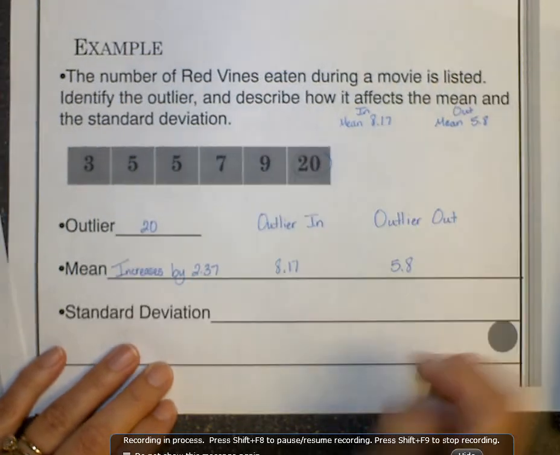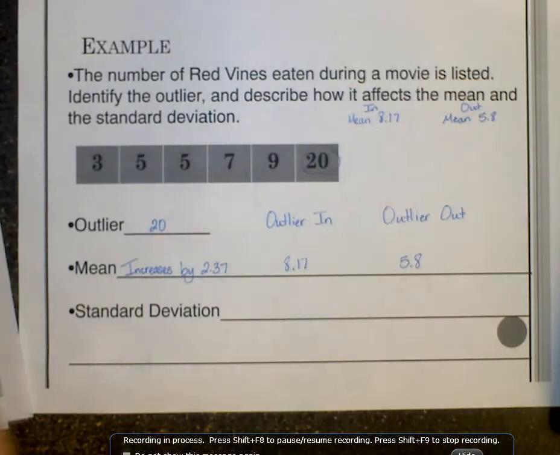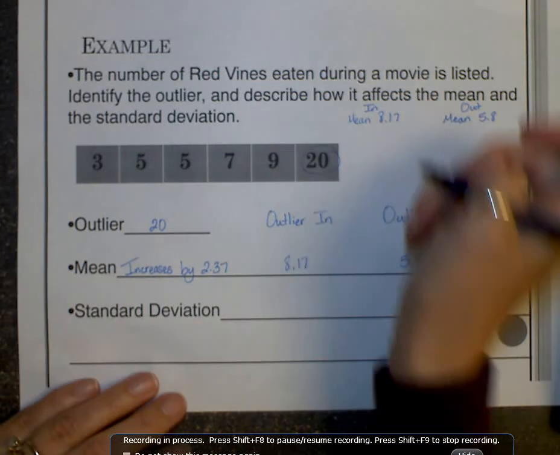All right, so where do we begin? We need to take our number and subtract 8.17 each time.